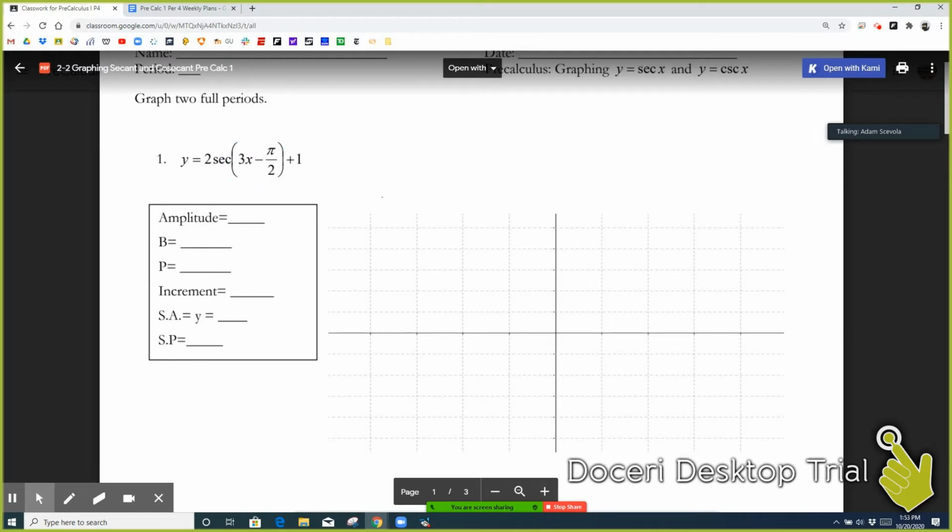Instead of trying to memorize a formula, I just take that expression inside the parentheses, set it equal to 0, and then solve. Because you want to figure out what x value will make you take the cosine of 0 or the secant of 0 or the sine of 0, tangent of 0, cotangent of 0. Anytime you take the sine, cosine, or tangent of 0, it's going to be a nice, easy ratio, like 1 or 0 or undefined. Same thing with multiples of the quadrantal angles.